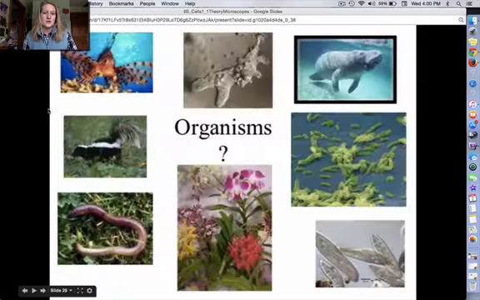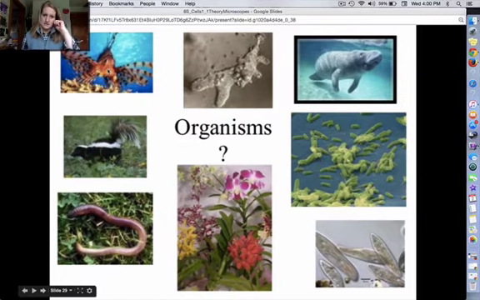So let's test ourselves and make sure that we know the difference. So this guy right here, you can see it. It's a fish, and so it's multicellular. This one under a microscope, unicellular. The manatee, multicellular. This bacteria, each of these little capsules is one bacteria, one organism of a bacteria.